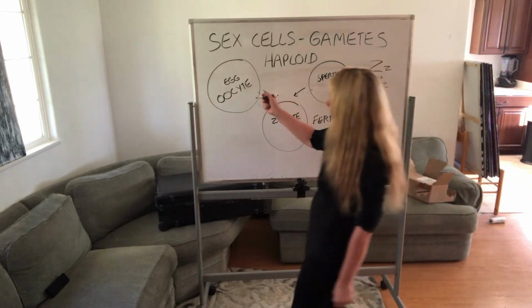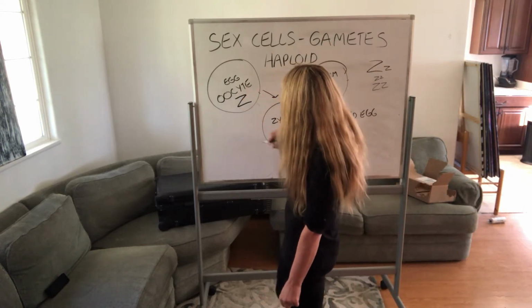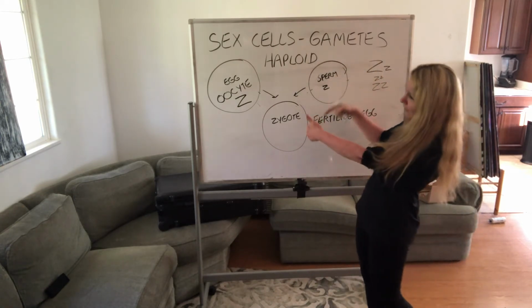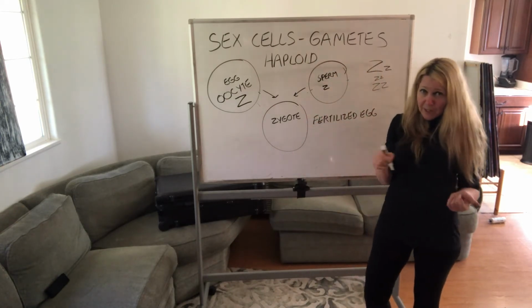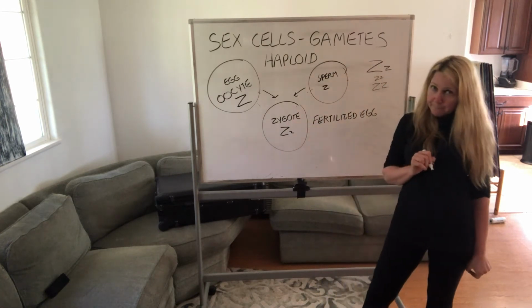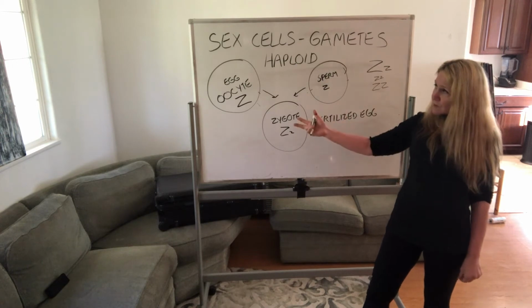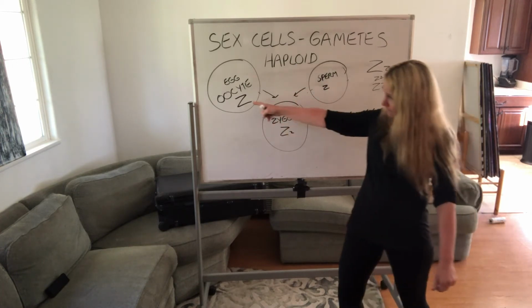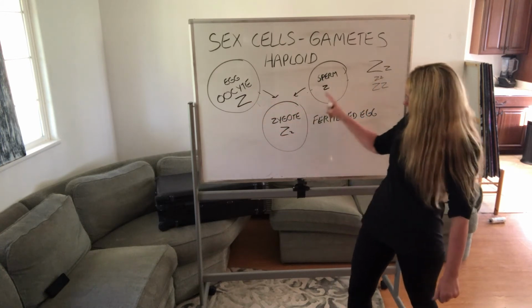So let's say the egg cell is a big Z, and the sperm cell is little z. So when they come together during fertilization to form a zygote, the zygote has a big Z, little z. So this makes sense. Half of your DNA comes from your mother. So for this gene, half from the mother, half from the father.